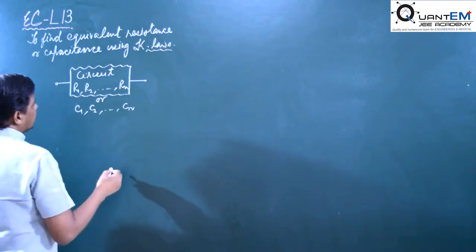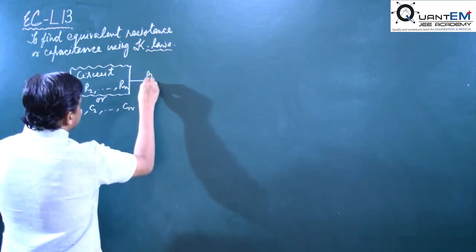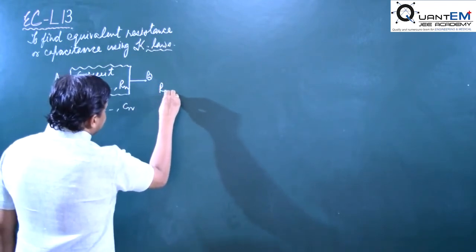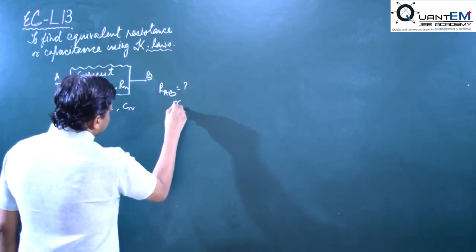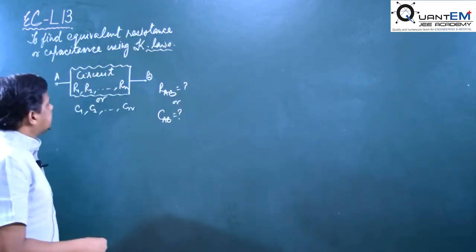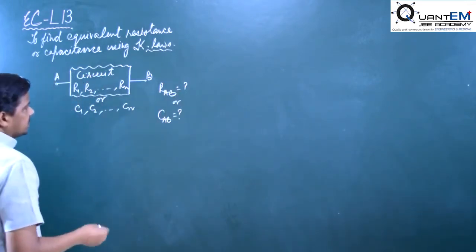And now we have to get the equivalent resistance of the circuit between say A and B, or the equivalent capacitance between A and B. These results we have to get using this circuit.